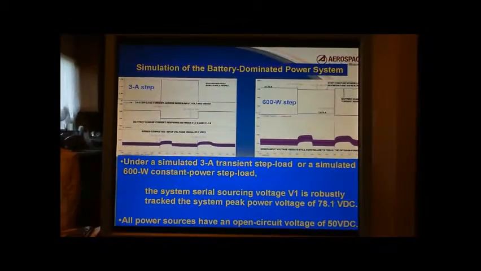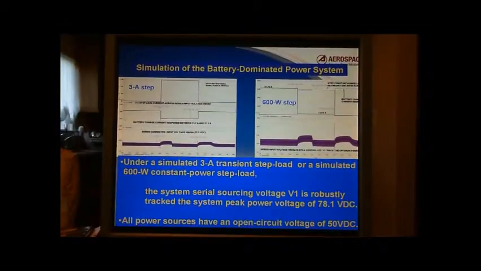Furthermore, the battery dominant power system model also exercises two step load transients. The first step load is a 3 amp transient step load directly across the total series input voltage V1.